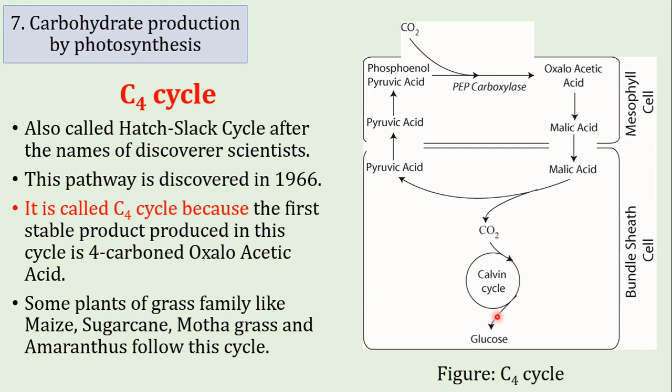Here we see the C4 cycle contains the C3 cycle as a part of it. That means the Hatch-Slack cycle contains the Calvin cycle as a part of it. This complex process takes place in the leaves of maize, sugarcane, mutha grass, etc.